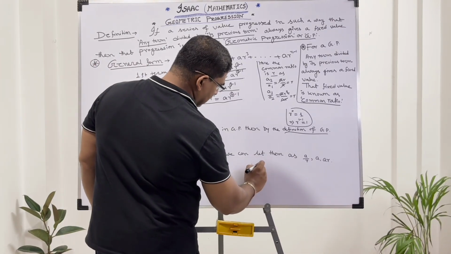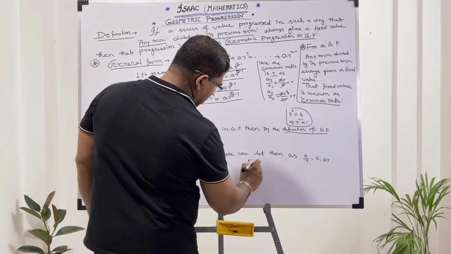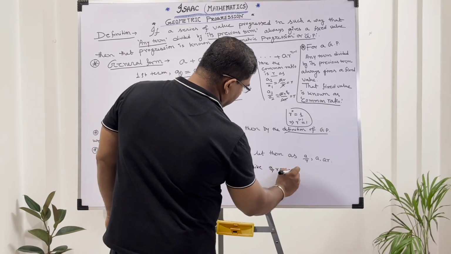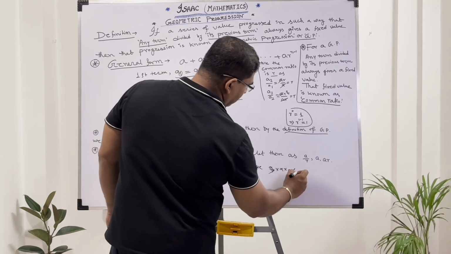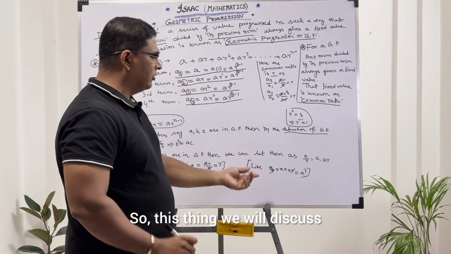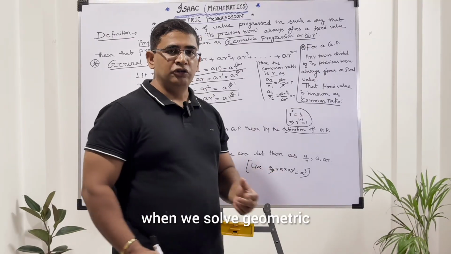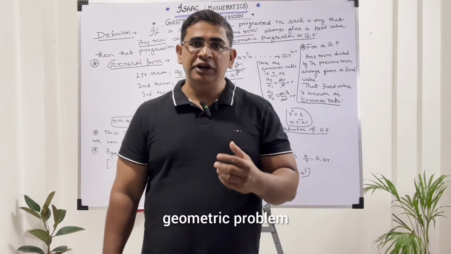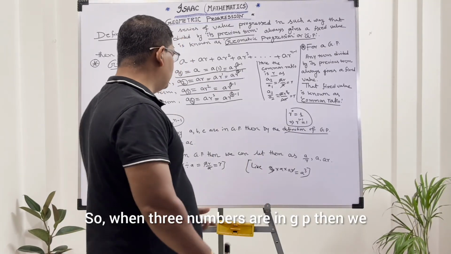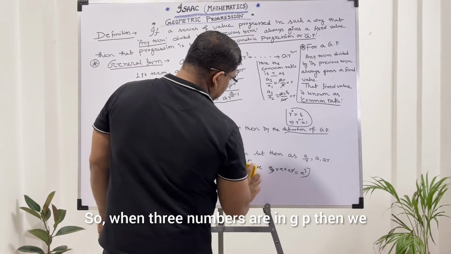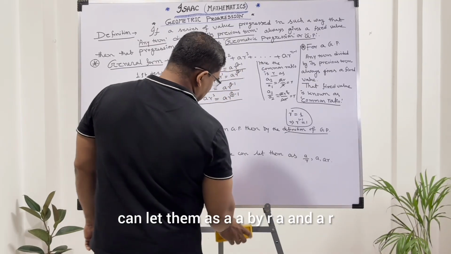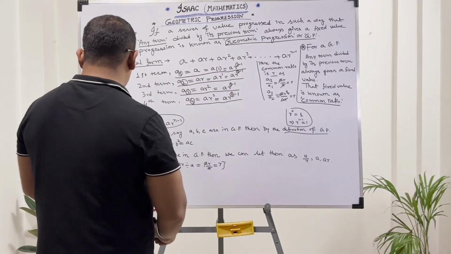Like A by R into AR, cancelling R, we get A square. This we will discuss when we solve geometric progression related problems. So when three numbers are in GP, we can let them be A by R, A and AR.